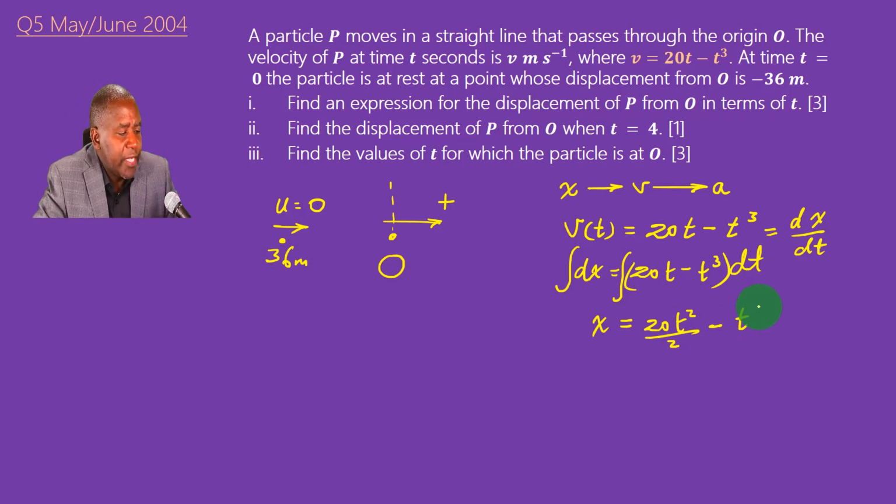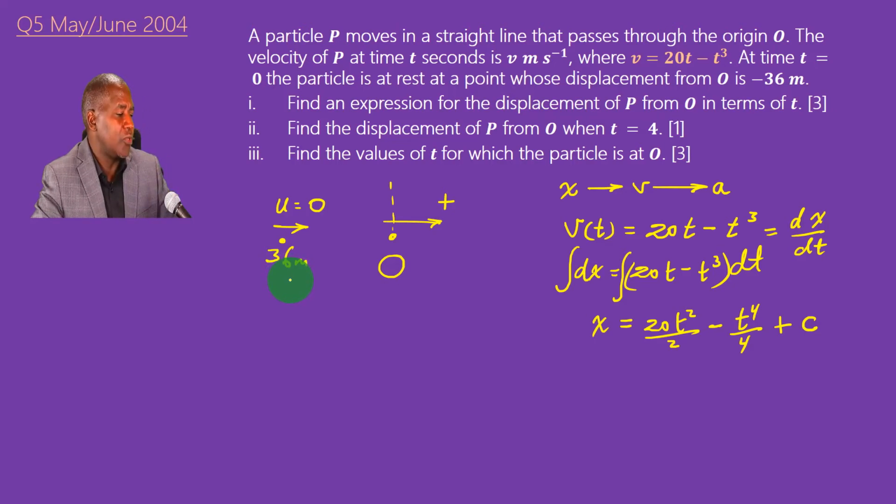When I integrate here, I get 20t squared, I must drop this 2 here, minus t raised to power 4, I must drop this 4 here, plus a constant c. That is the expression for displacement as a function of time.